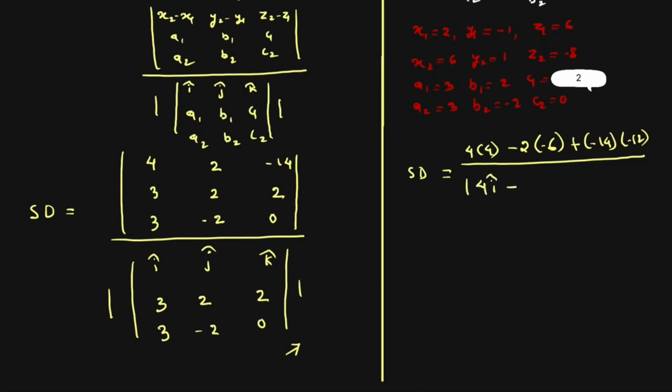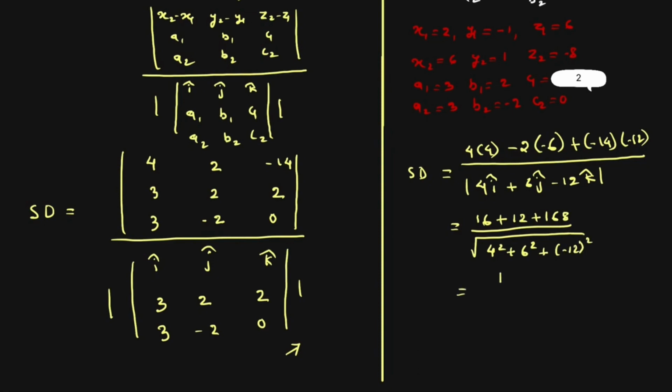4i cap plus 6j cap minus 12k cap, then which is equal to 16 plus 12 plus 168 divided by root over 4 square plus 6 square minus 12 square, which is equal to 196 divided by root over 196, which is equal to 196 divided by 14, which is equal to 14.